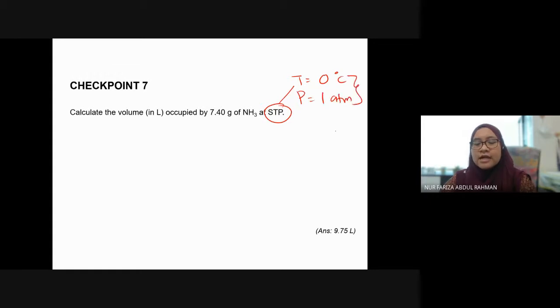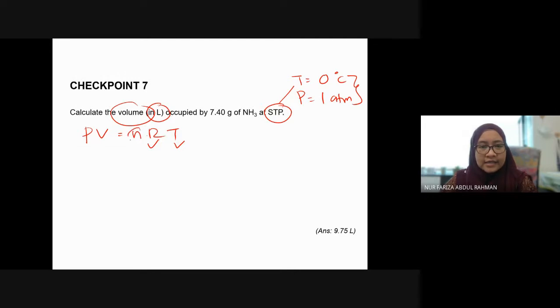The question is asking for volume in liter. There are two ways to solve this problem. The most common one, we go for PV = nRT. We have the value of R already. For T, make sure to convert 0 degrees Celsius into Kelvin, which is 273 Kelvin.